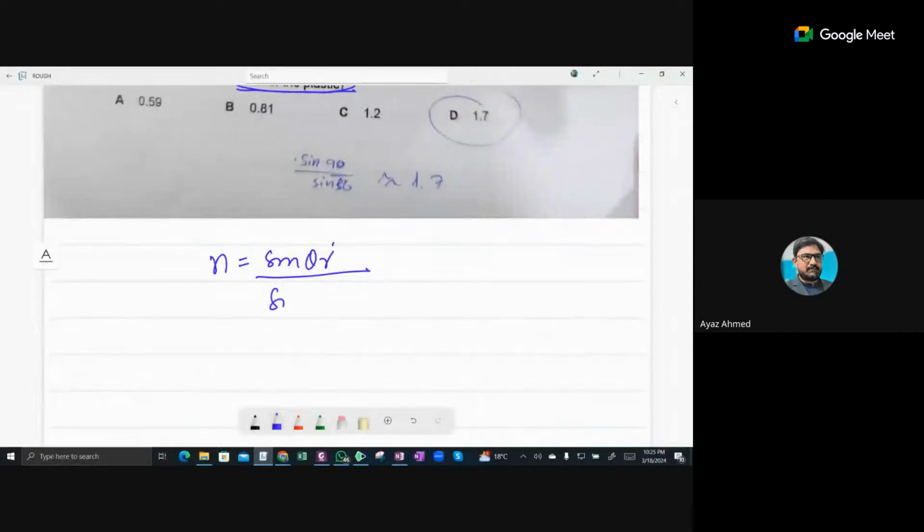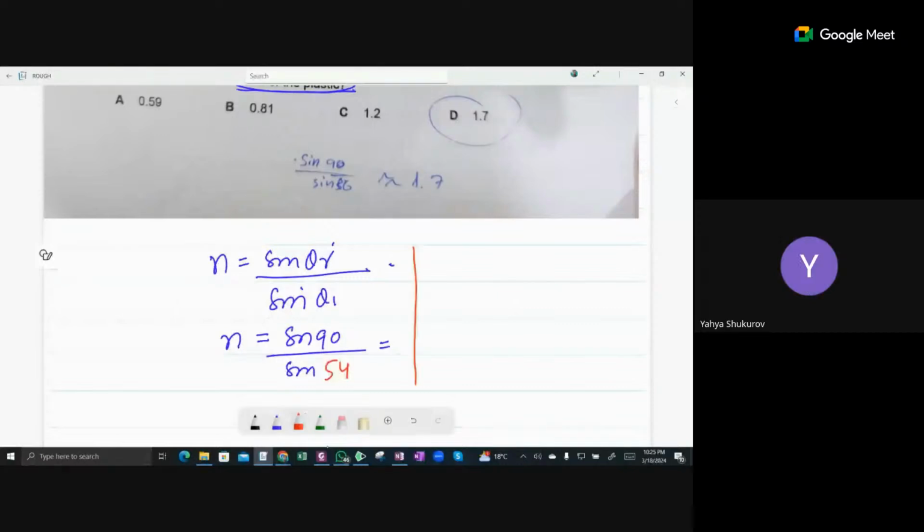That's why you use this formula, n = sine theta i over sine theta r. So n is to be calculated. This is sine 90 divided by sine of 54. So did you use 54 or 36? I used 36, and it's wrong. Bad luck.